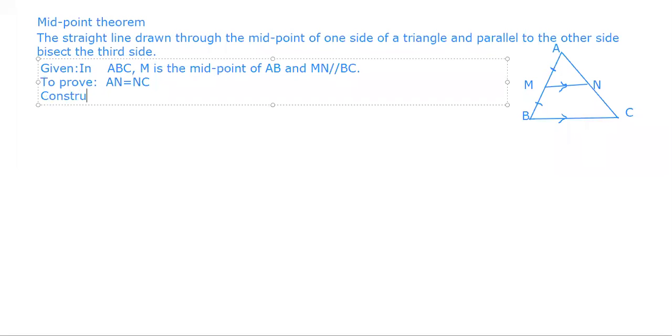For that, construction: we have to construct one line and make it parallel here. Let's draw ND parallel to MB.